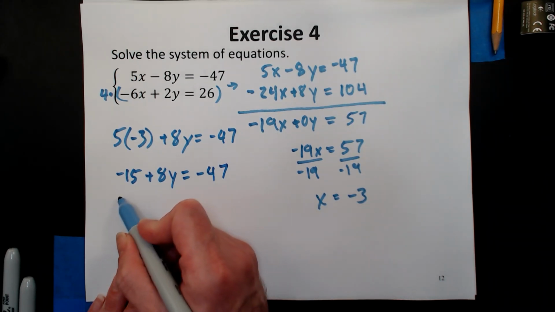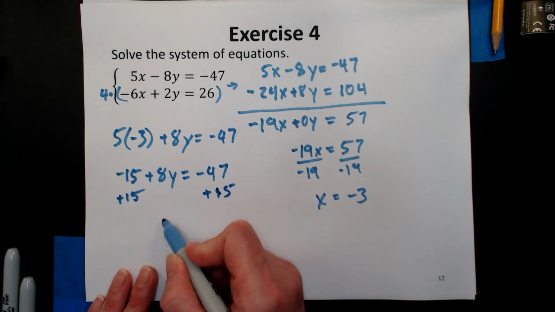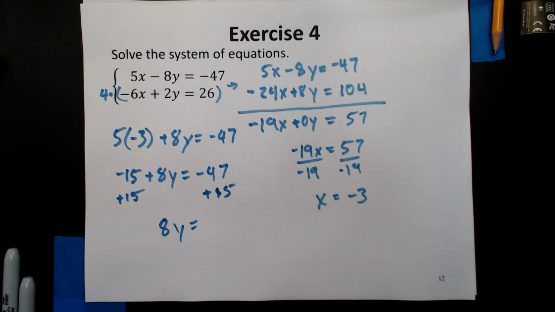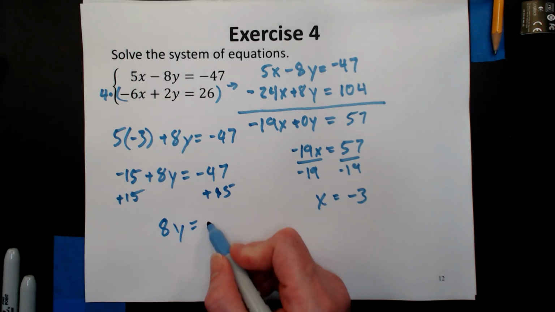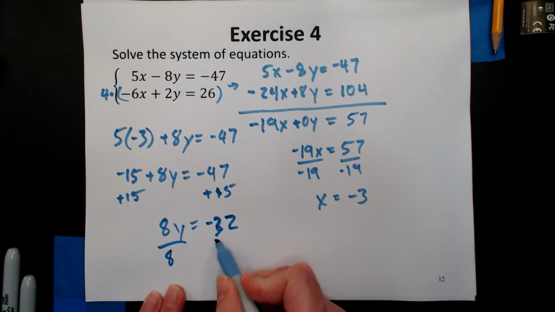So that means if I add 15 to both sides, I'm going to get 8y equals negative 47 plus 15. So let me do that real quick off to the side. It's going to be negative 32. Then I'm going to divide both by 8.